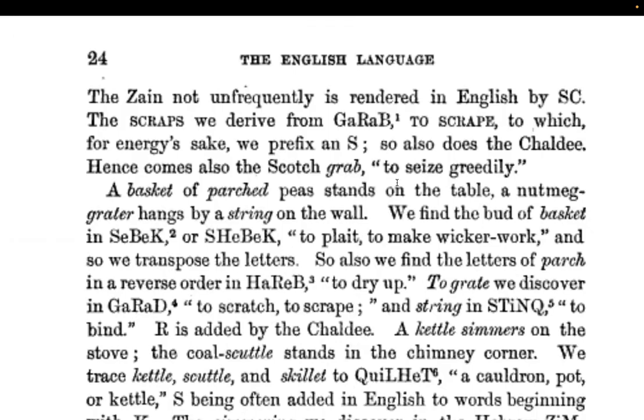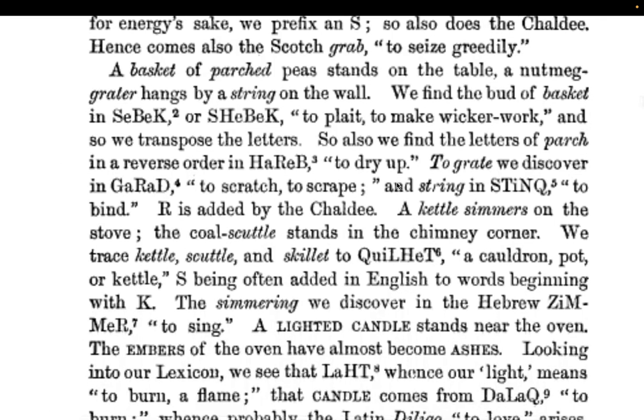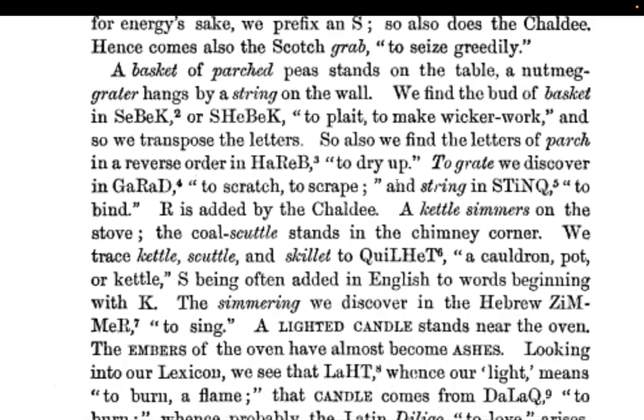A basket of parched peas stands on the table. A nutmeg grater hangs by a string on the wall. We find the root of basket in sebek or shebek, to pleat, to make wicker work, and we transpose the letters.